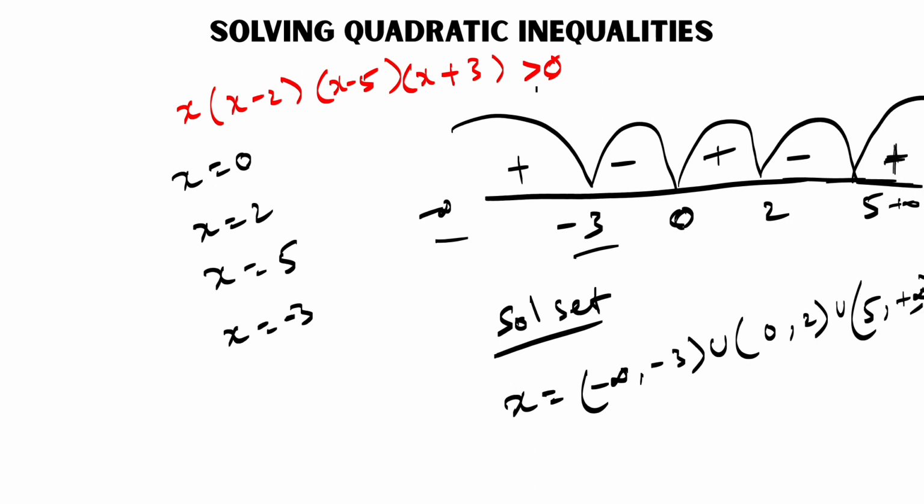So here we do not have the equal to symbol, right? It's just greater than 0. That's why we have marked with round brackets, right?